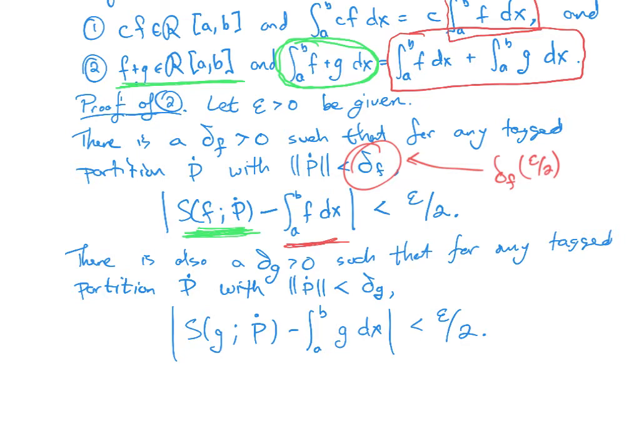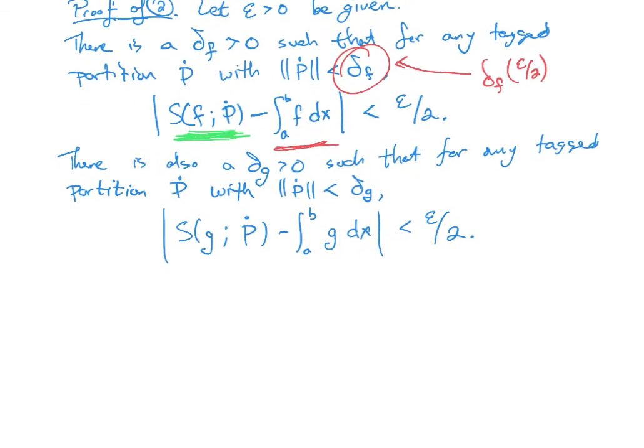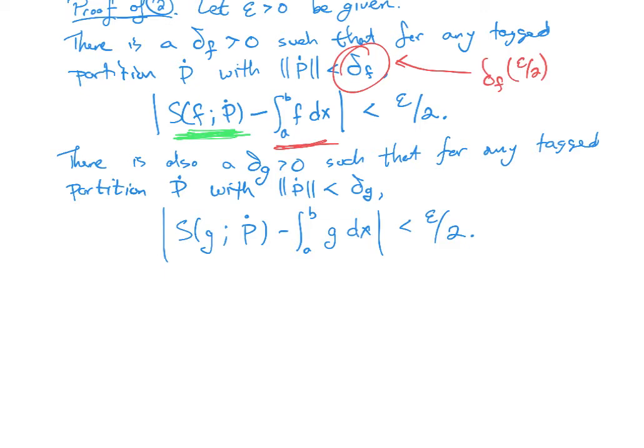We want to do the integral of F plus G, so we're going to want our partitions to be both delta sub F fine and delta sub G fine. So we do a classic move. We just set delta to be the minimum. Okay.